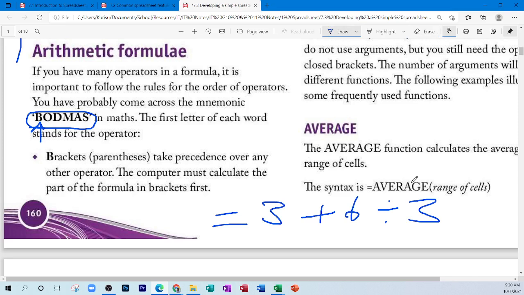What is the answer here? 3? That is correct, 3, because you have to do division first. So 6 divided by 3 is going to give us 2.